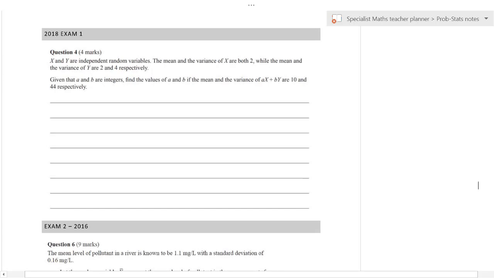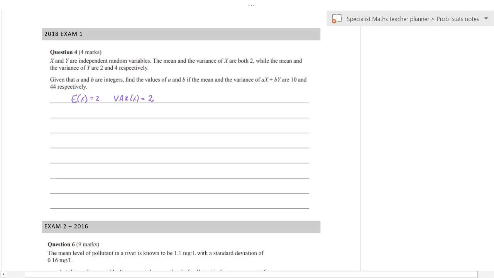X and Y are independent random variables. The mean and the variance of X are both 2. So let's write E(X) is equal to 2, variance of X is equal to 2.